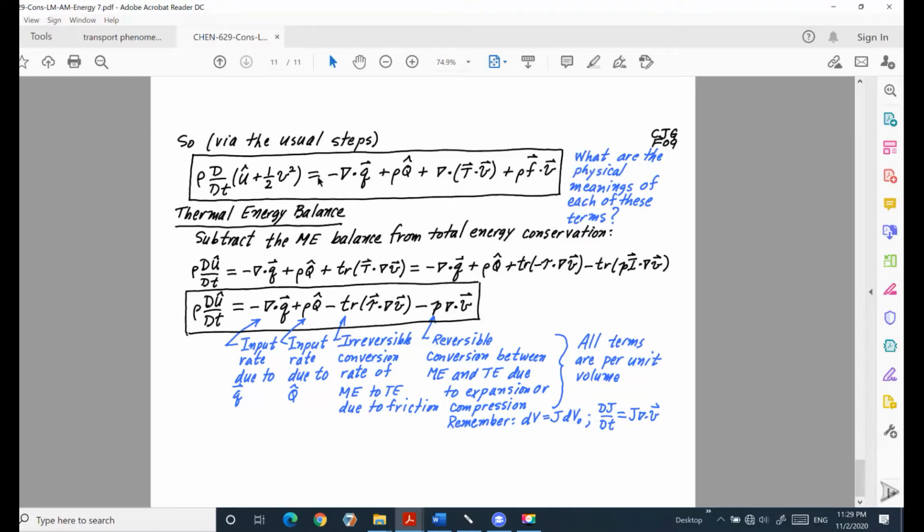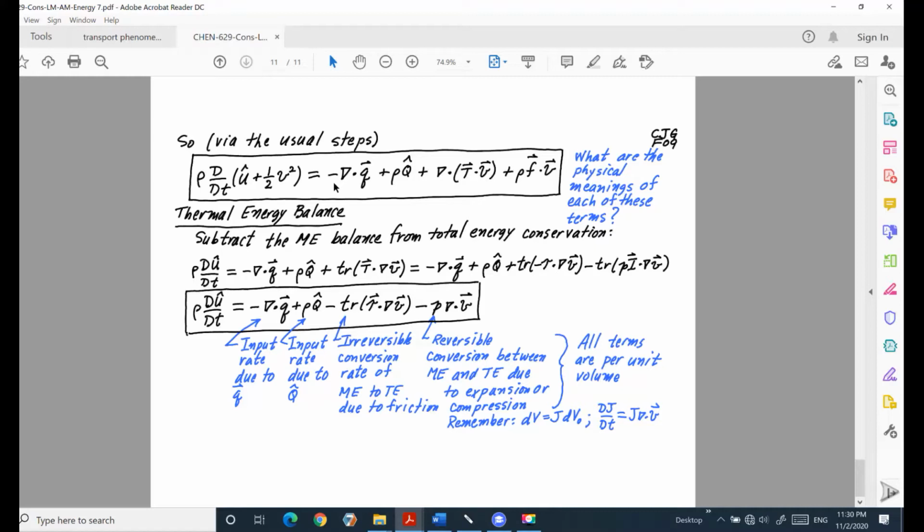So if you come here, subtracting the mechanical energy term from the total energy term, we obtain from here. In mechanical energy we had kinetic energy, and it is going to be minus, and this one is positive, so these cancel each other.